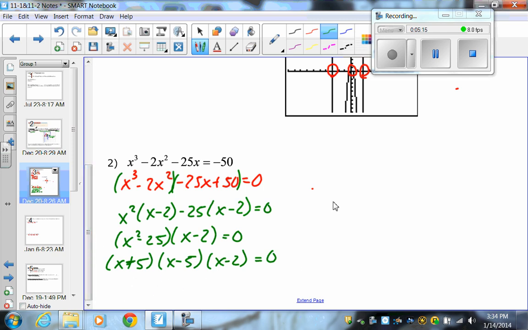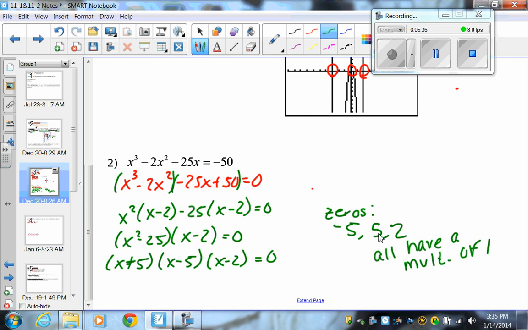So this tells me that my zeros are -5, +5, and +2, and all have a multiplicity of 1. And I have 1, 2, 3 zeros, all multiplicity of 1, and indeed my highest degree was 3.